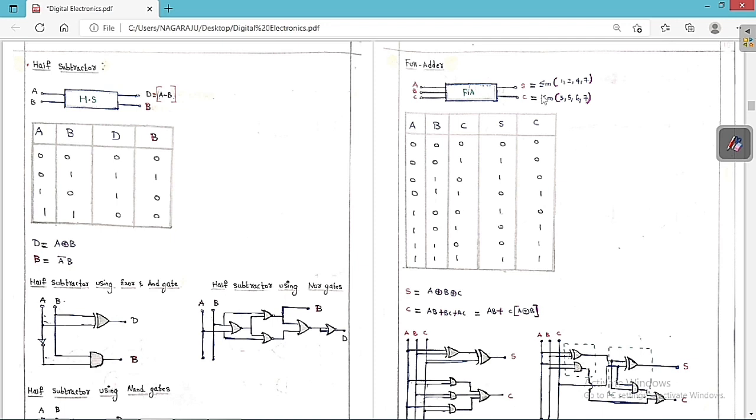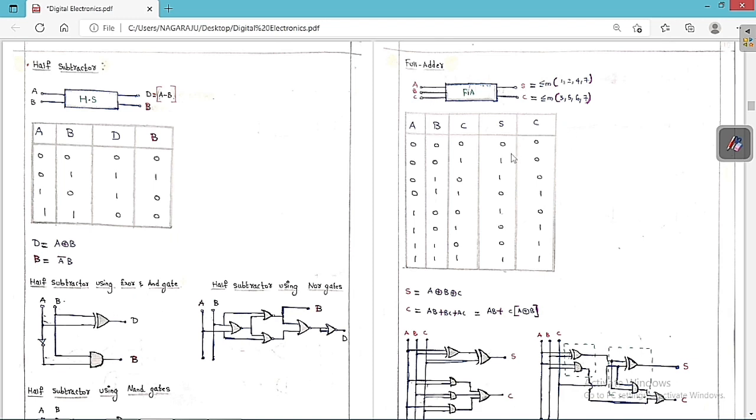Now I want to get this in terms of the standard format of the SOP form, sigma. Sigma means summation. I already told you in SOP format we are going to use sigma, whereas in the previous one we used pi, pi means product. Here for sigma, we have to choose the small m terms.